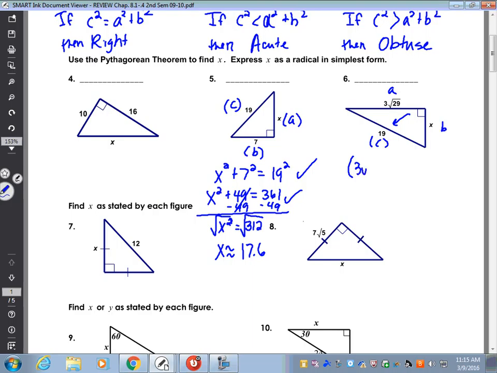But I would have to put in parentheses 3 times the square root of 29, close the parentheses, square. Yeah, you can do them by part, as long as you use parentheses.